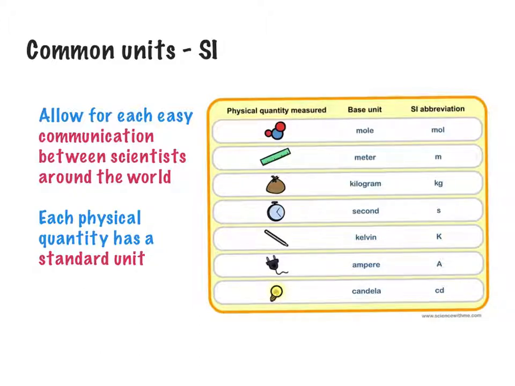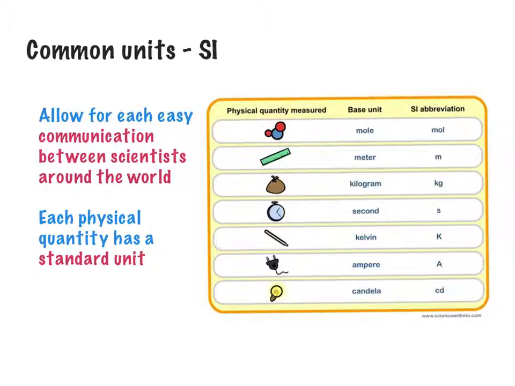Now, ages ago, about the 1960s and 1970s, the scientific community went to the SI system, and what that basically has is we offered certain things as being units. We decided this is going to be a unit because so many different countries around the world had so many different units.